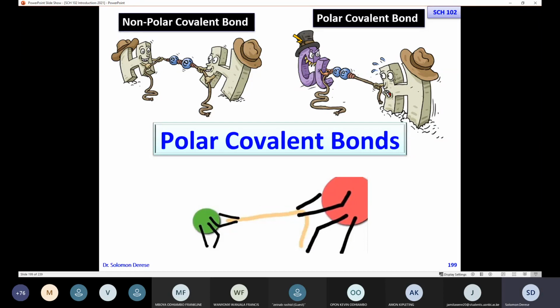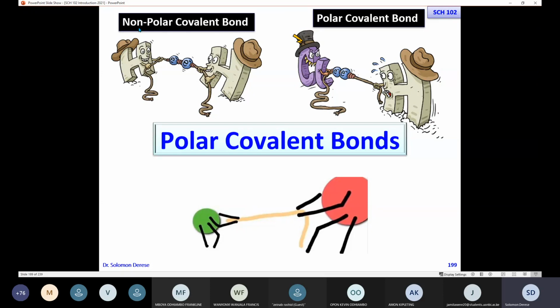Whether the covalent bond is going to be non-polar or polar will depend, as we shall see, on the differences in terms of electronegativity between the atoms that are involved in the covalent bonding. If the two elements involved in covalent bonding are the same, like in the case of a covalent bond between two hydrogens, the electrons are going to be shared equally.